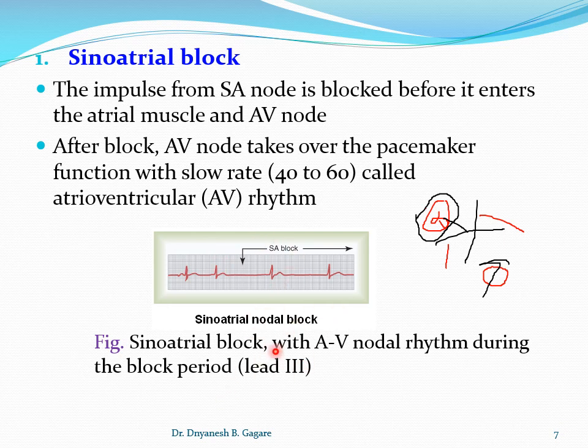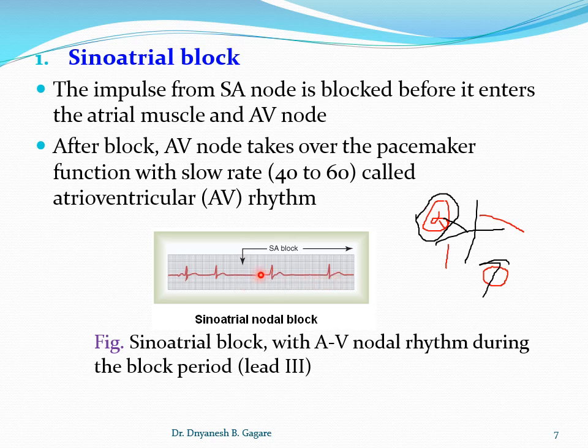So here, see in this diagram, you can see sinoatrial block with AV nodal rhythm during the block, it is in lead 2. So up to this point, the SA node atrial impulses are coming normally, but exactly here the SA block starts, and the rate of impulses decreases.